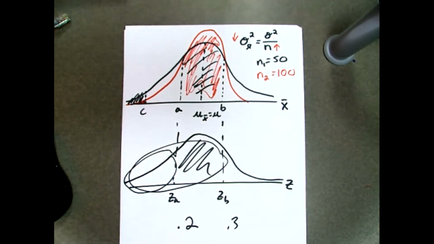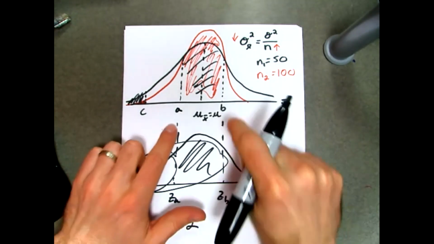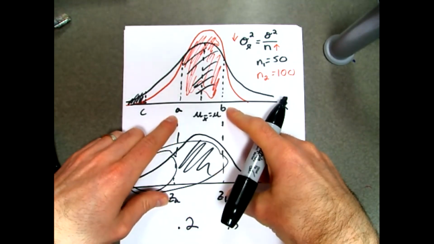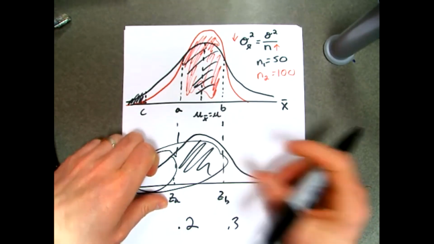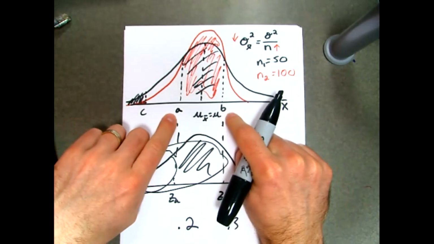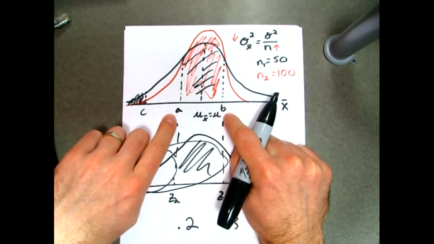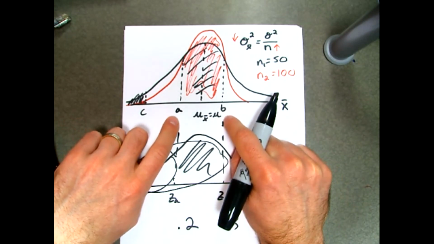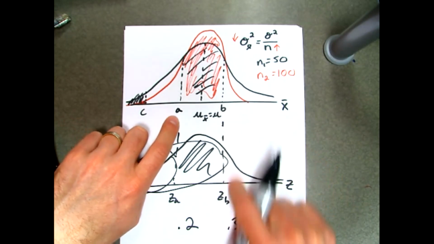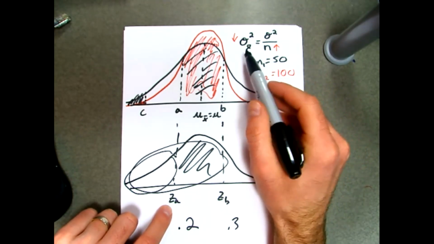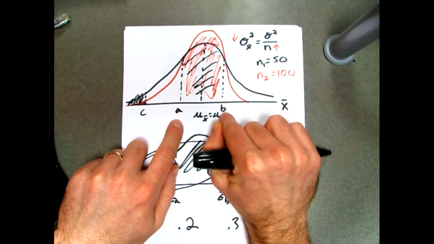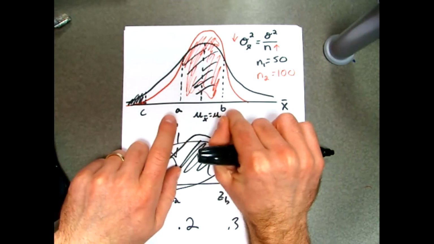Okay, we're getting short on time, but I'll make another point. If I turn these values into z-scores, remember that z-scores tell me how many standard deviations away I am from the population mean. If I keep using the same two cutoff values and turn them into z values, a higher sample size decreases my standard deviation, so these values will end up being a higher number of standard deviations away.